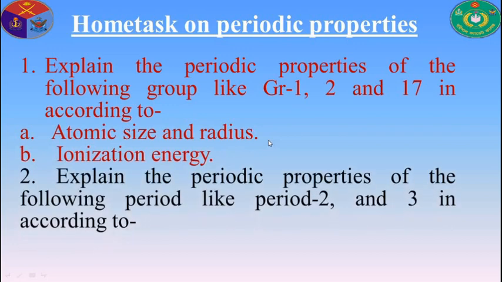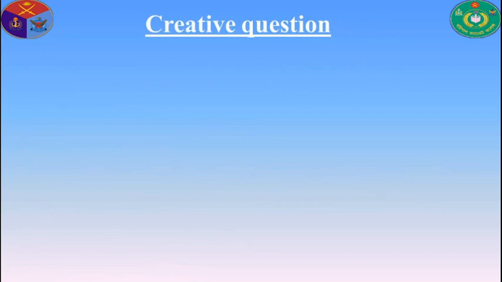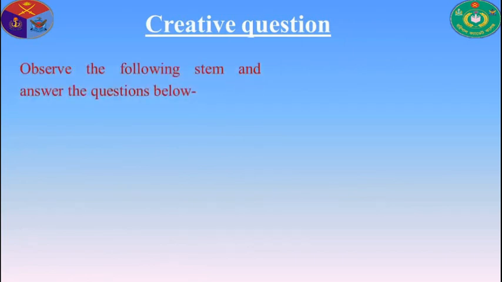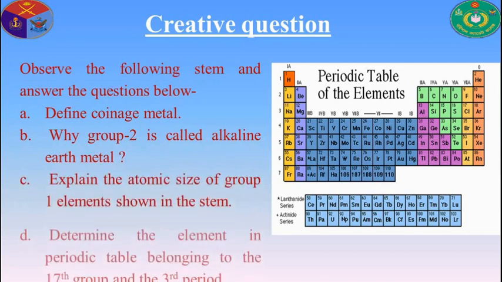And secondly, explain the periodic properties of the following periods, like periods 2 and 3, according to atomic size and radius and ionization energy. And finally, a creative question is shown here. From here, you have to solve some of the questions included.